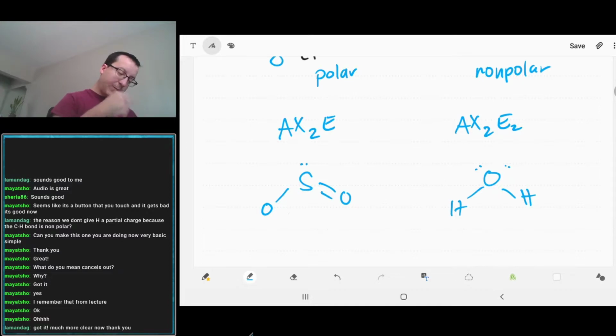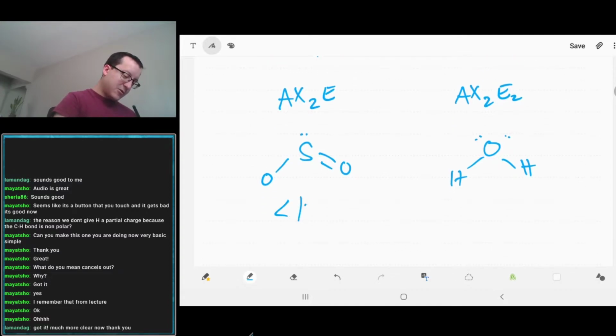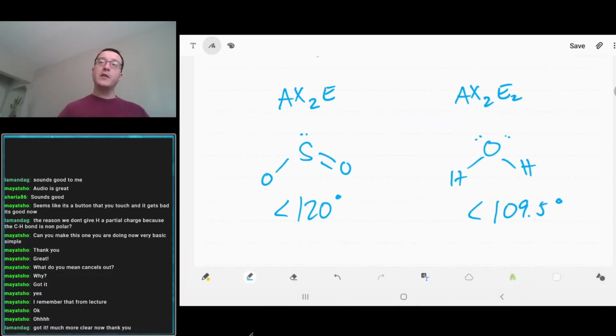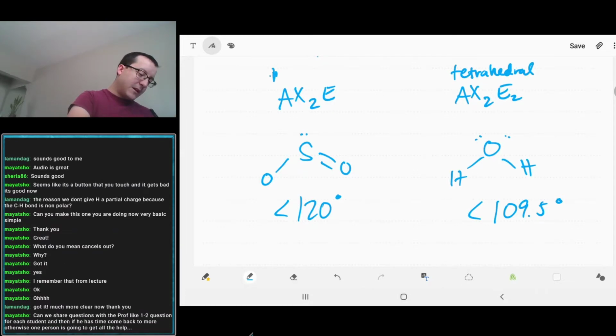This one is going to be closer to 120 degrees. This one is going to be closer to 109.5 degrees. We're only going to know this by knowing that this one is electronically tetrahedral and this one is trigonal planar.